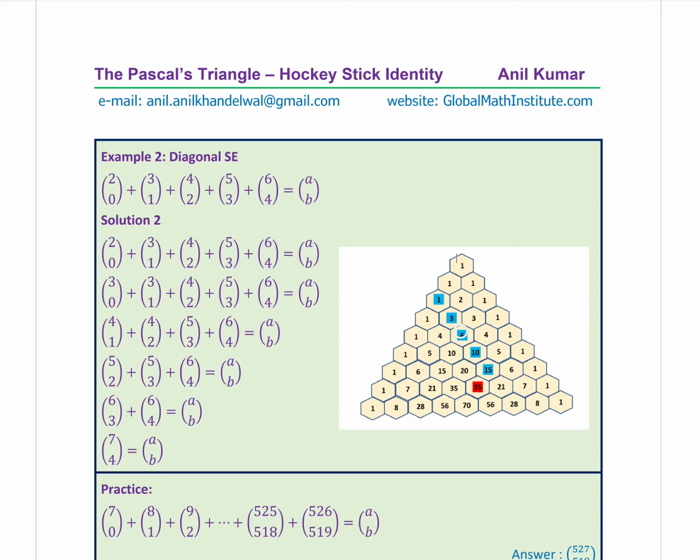If you want to add these numbers, what do you get? You get the number 35, which is on the left side of the diagonal. And so in this particular case, the row number increases, but the diagonal number remains exactly the same.